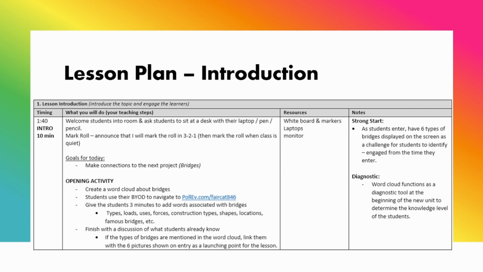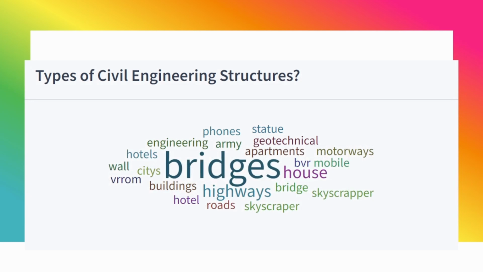Now, that's not the image that I've got to show you in just a moment, but getting them to add these different words. The way that a word cloud works is that the words that are entered more than others appear larger.